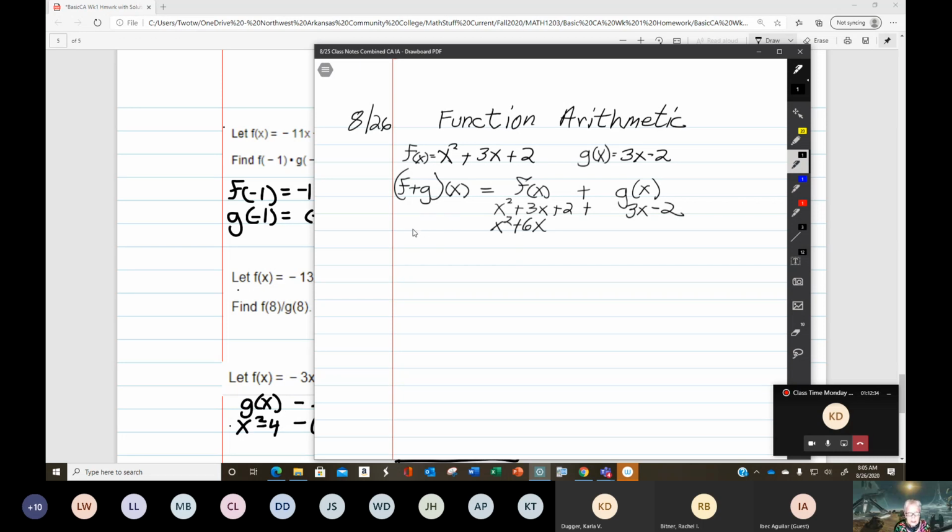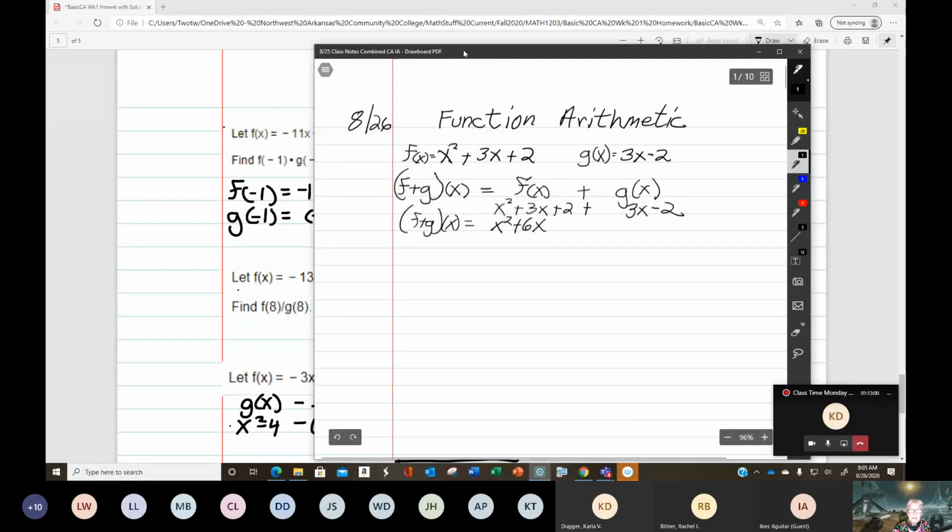So f plus g of x equals x squared plus 6x. That's all there is to it. Not as scary as it looks, thank goodness.